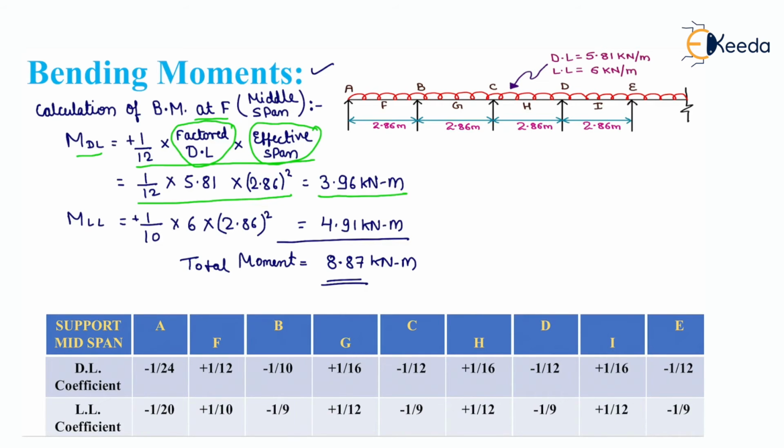Now bending moment due to live load is given in the formula. We will put values plus 1 by 10 into factored live load, that is 6, into effective span square, that is 2.86 square. We will get the value 4.91 kilonewton meter. Total bending moment is 8.87 kilonewton meter.